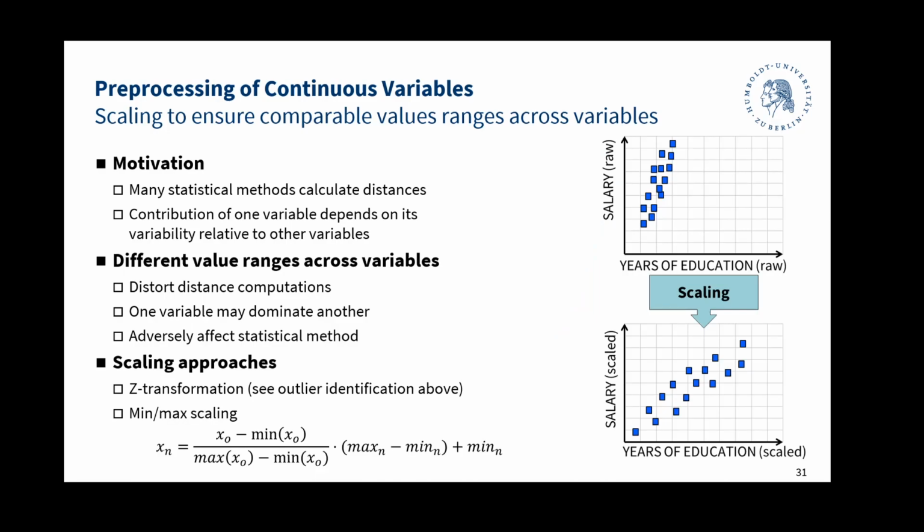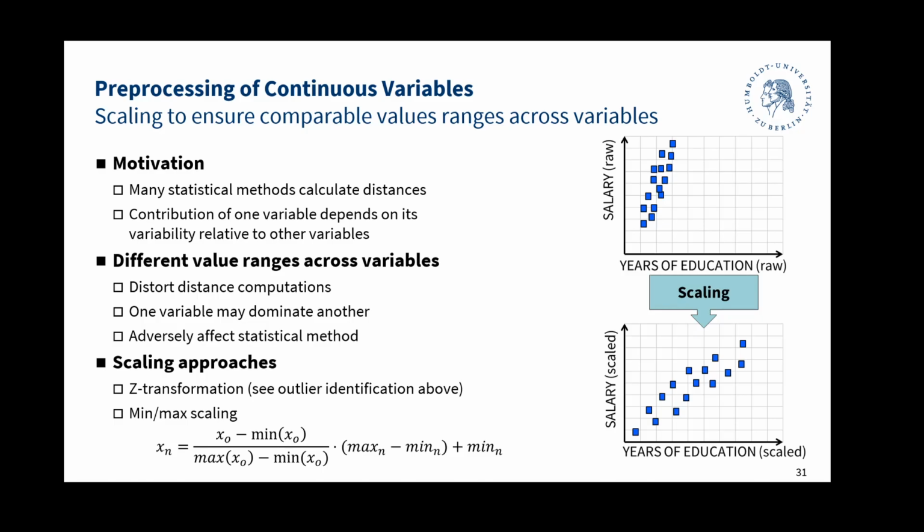What do you do next? Possibly, in terms of transforming your data, readying it for analysis, you might want to scale it. Scaling means you change the value range. And again, that transformation that we just saw could be a way to scale your data, or else there is min-max scaling, which you see illustrated here, which is just a simple linear transformation of your data such that after the transformation, every data point lives in a certain range.